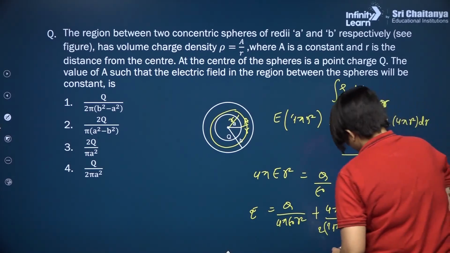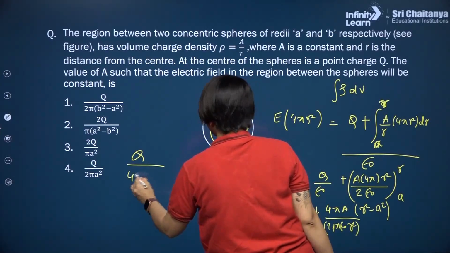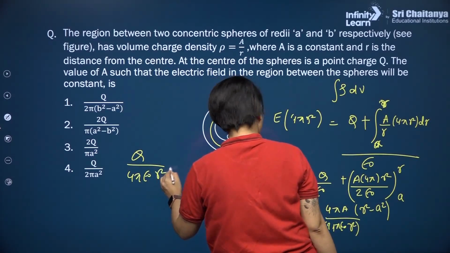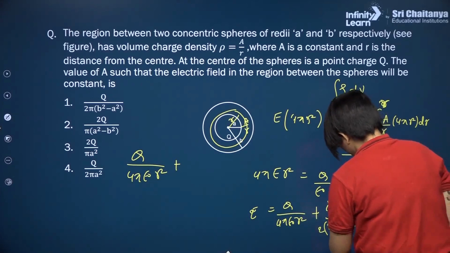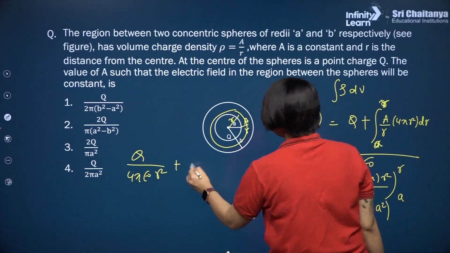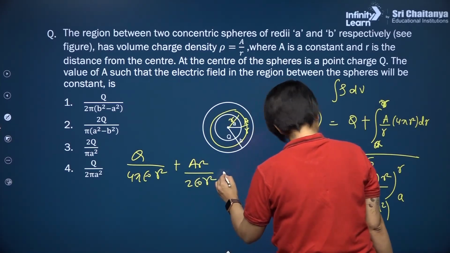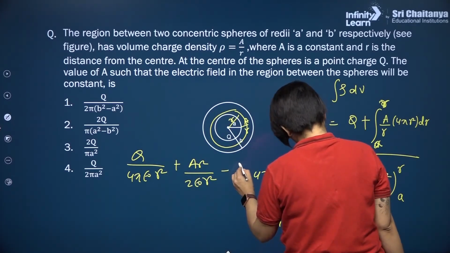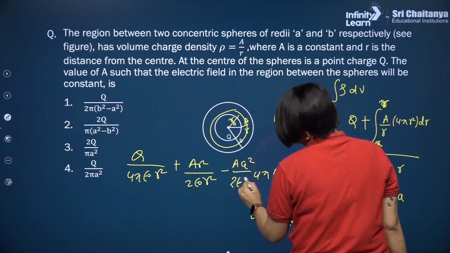So over here you will get this value as Q upon 4 pi epsilon naught R square plus, 4 pi cancel, A upon R square, upon 2 epsilon naught R square minus A square divided by 2 epsilon naught R square.